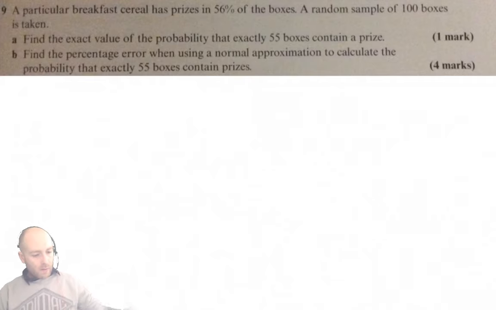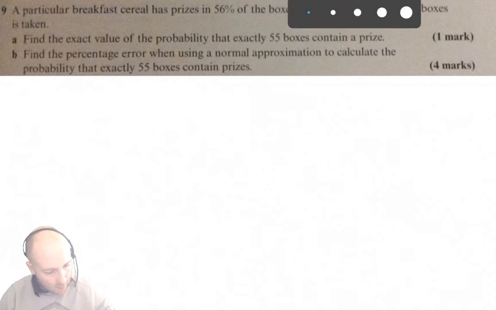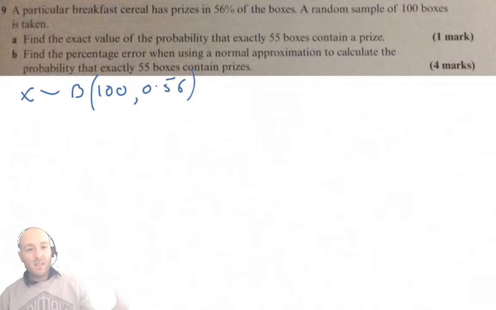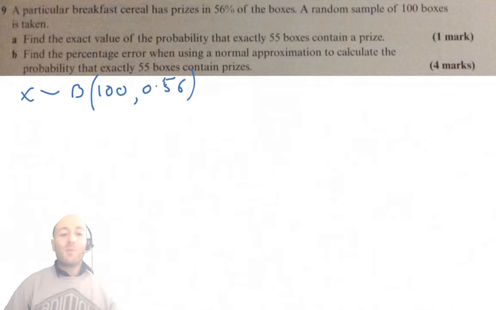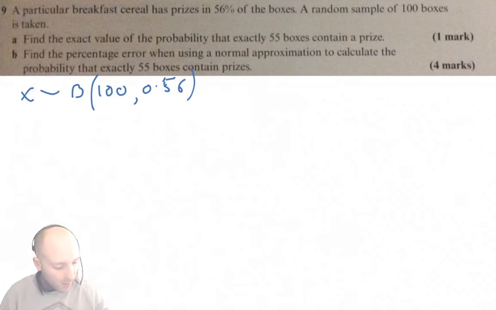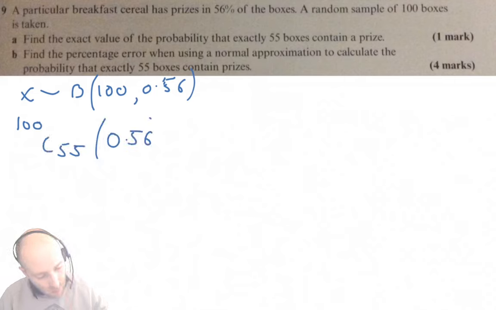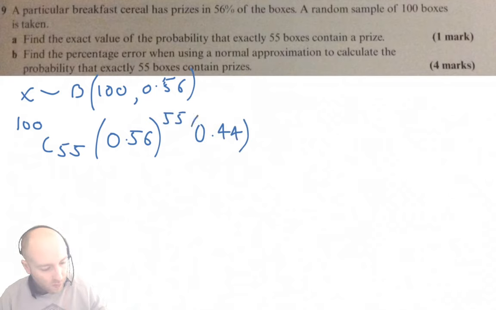Okie dokie. So we've got binomial for part A, X distributed B(100, 0.56). Seeing as we talked about it, let's do the workings without a calculator. So we get 100 C 55, 0.56 to the power 55, 0.44 to the power 45.